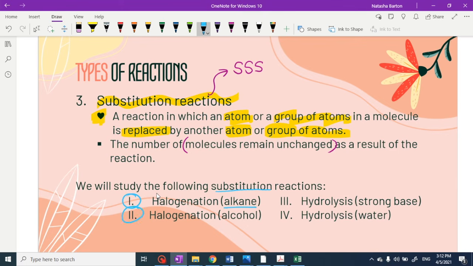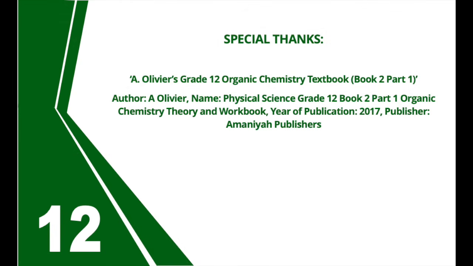We're also going to study halogenation of an alcohol. Then we're going to study hydrolysis, where you're going to see a strong base will be involved. And we're going to be looking at hydrolysis where water will be involved in our reaction. But all four of these reactions I'm going to explain to you in depth in the videos to follow.